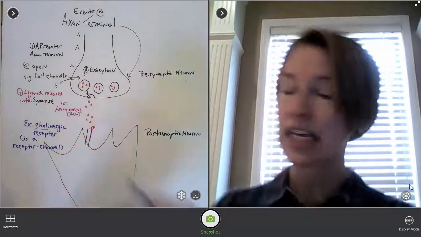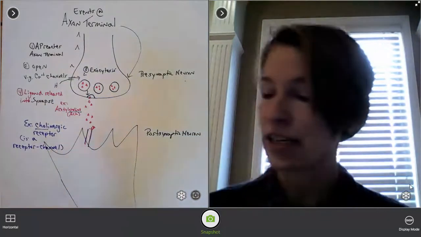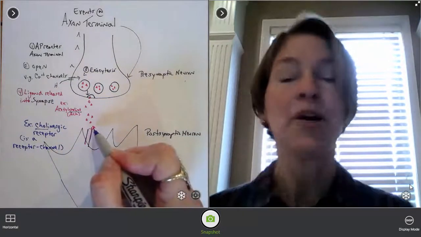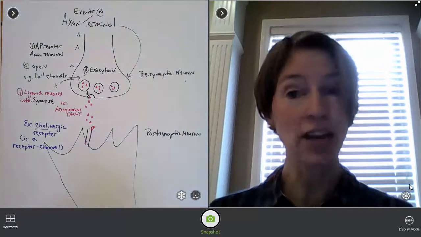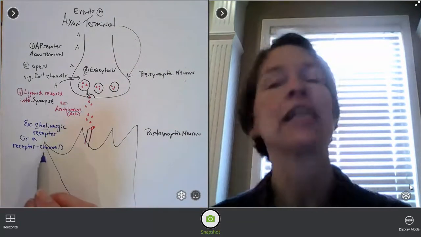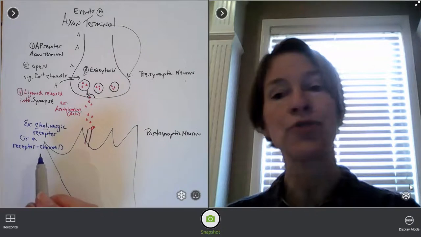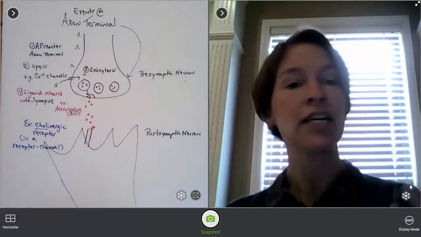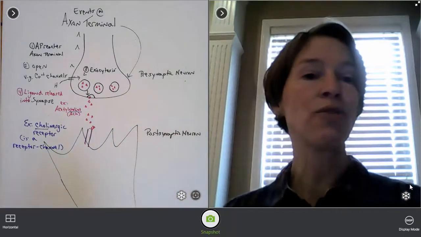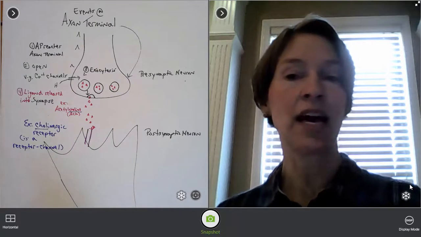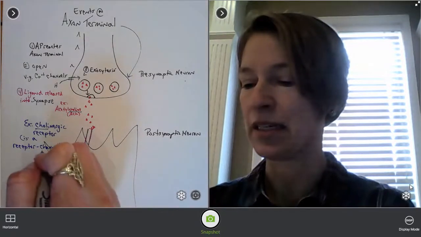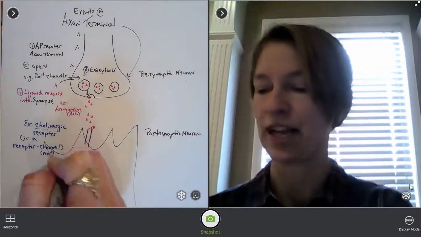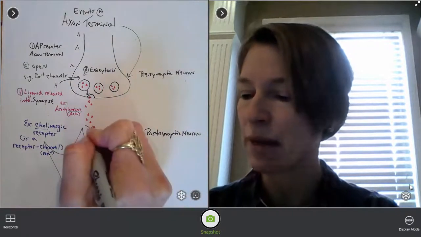It is receiving the ligand, acetylcholine, which is red there. But the channel part of that word is for the ion that flows through that channel. It has to be the specific size, specific charge. And I told you that this is a ligand-gated sodium channel. So the sodium will come in.